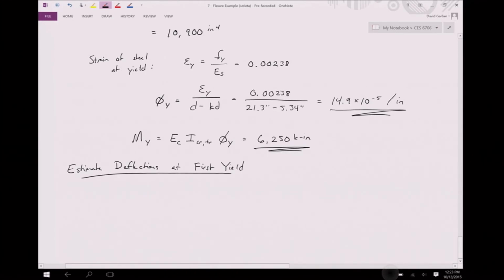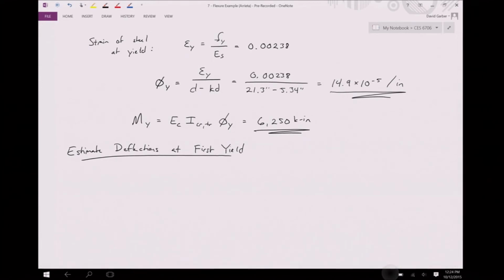Alright, so to do this, we can use whatever method we want. I'm going to use moment area, and for that we're going to look at our curvature diagram. So on our curvature diagram, it's going to mirror our moment diagram, where we'll have our yield curvature, well, 0. This is curvature.